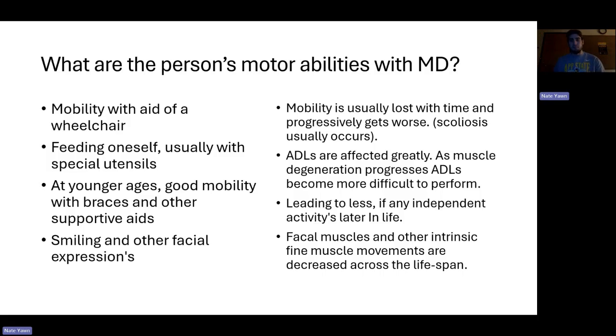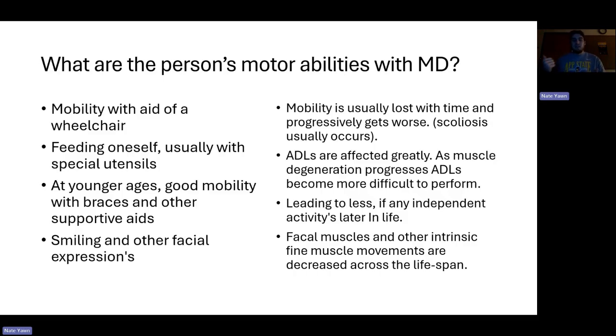What is the person's motor abilities with muscular dystrophy? Their mobility is usually lost with time and progressively gets worse, and that leads to mobility with only an aid with a wheelchair. Usually, you see early in life at younger ages good mobility, but with braces and other supportive aids.